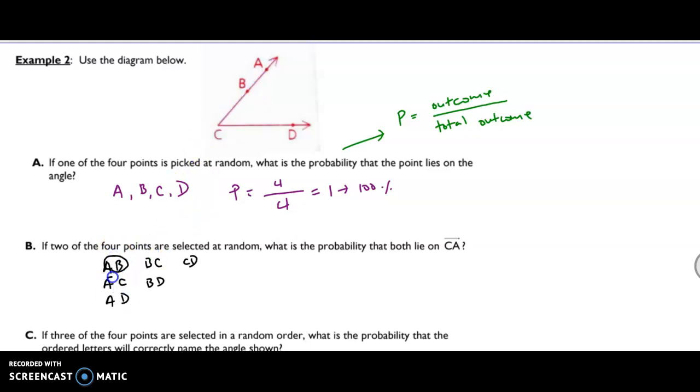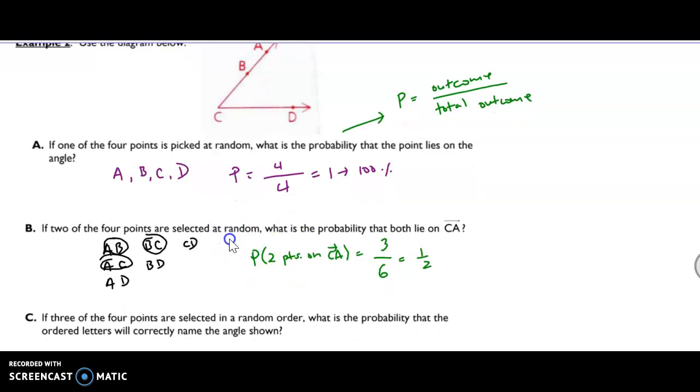AC, okay? And BC. So the probability that 2 points lie on the ray CA is going to be, there's 3 of those outcomes that we want out of a total of 6 possibilities, right? 6 total outcomes, okay? Which of course is 1/2, all right?